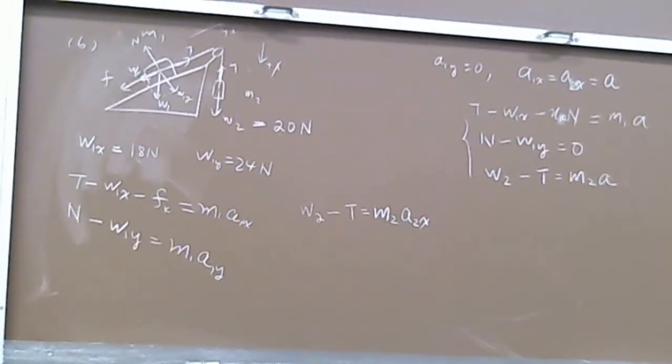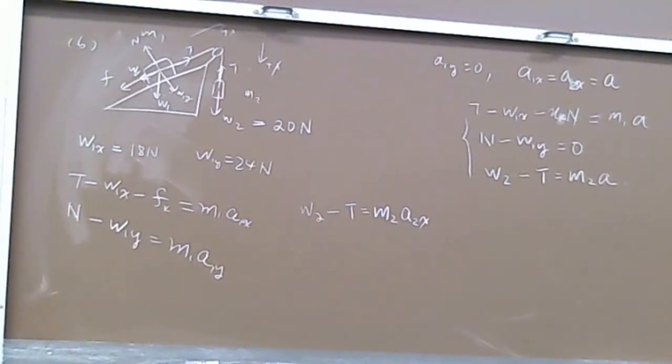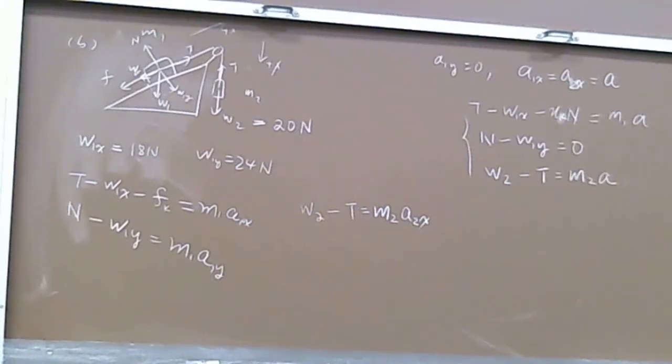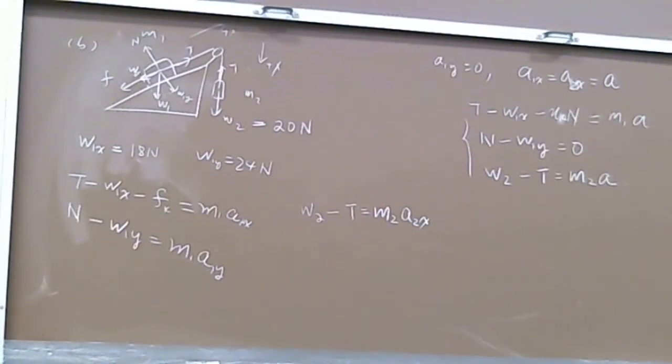What's W1y? 24 equals to 0, and you have W2. What's W2? The weight 20, minus T equals to M2, which is 2a.